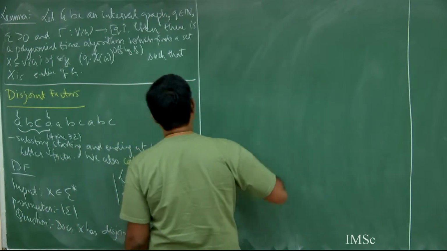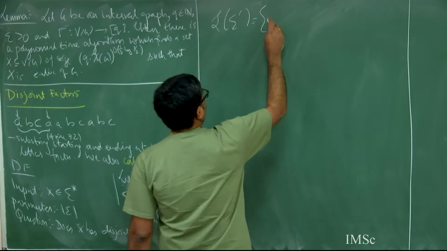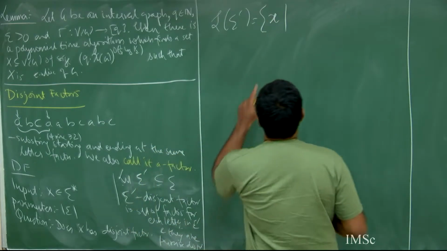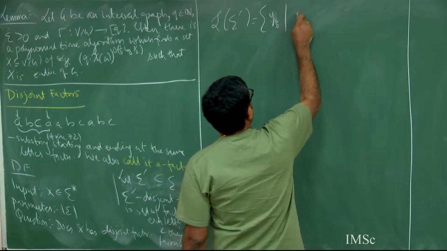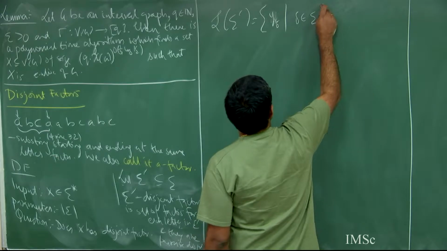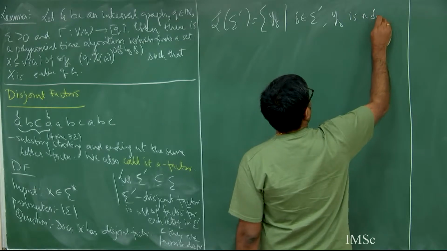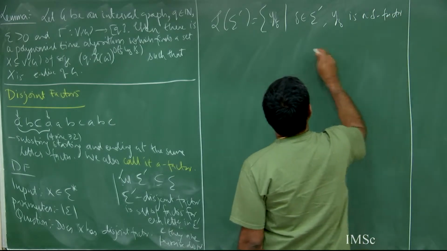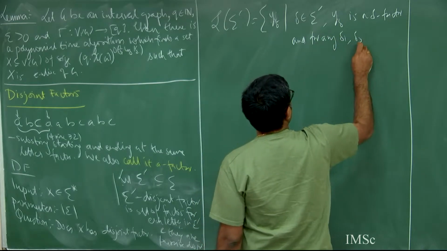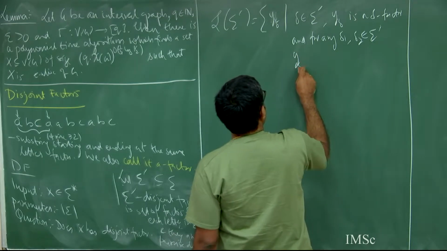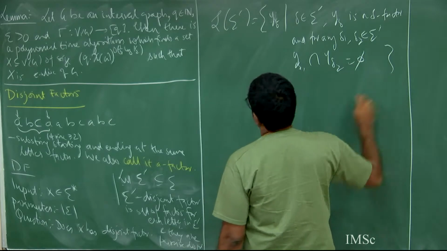So you have some x, where y delta is a delta factor, and for any delta 1, delta 2 in sigma prime, y delta 1 intersection y delta 2 is empty. So they do not even overlap.